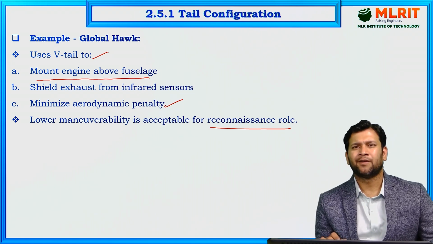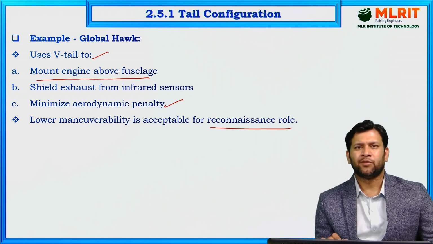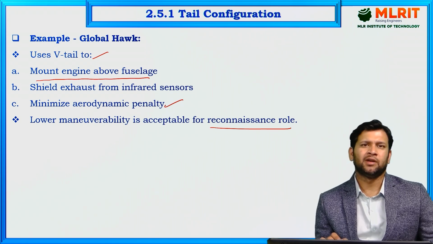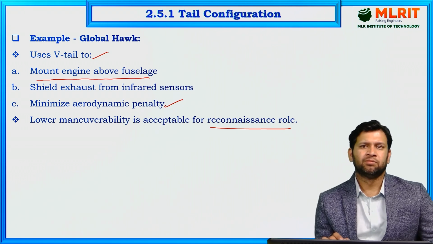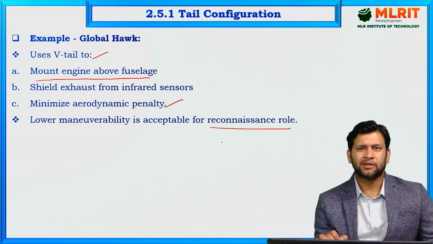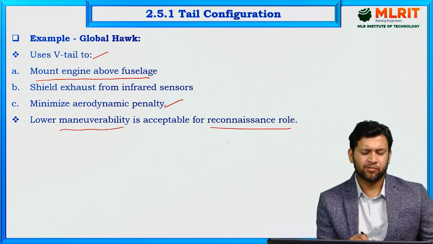So when an aircraft is opted for this reconnaissance role, it will be having high aspect ratios, and when an unmanned air vehicle is having a high aspect ratio, it has to compromise with the maneuverability. So when we are going with this kind of aircraft, we have to compromise with maneuverability.